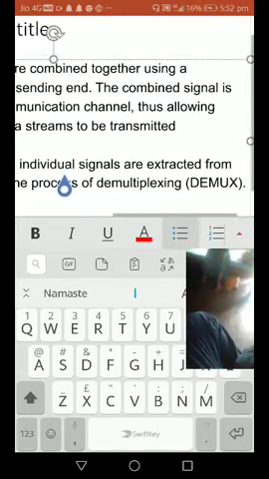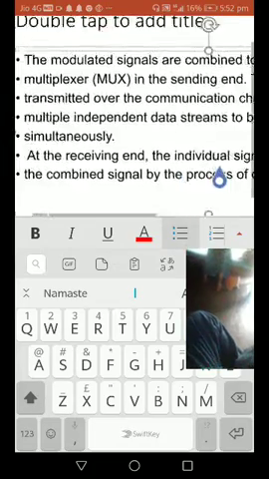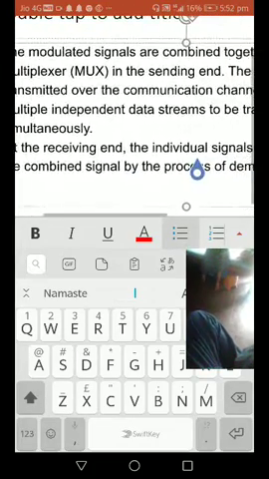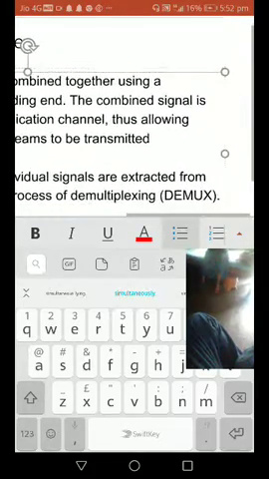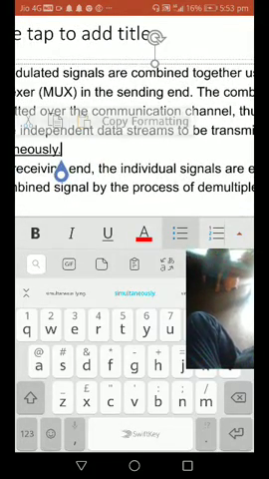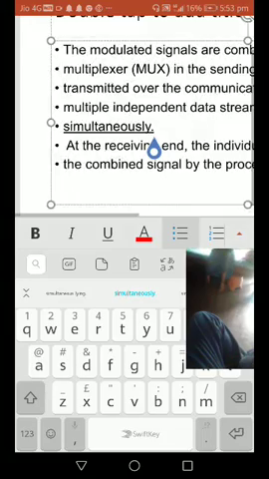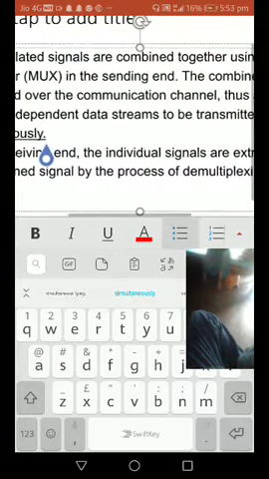Next, the combined signal is transmitted over a communication channel.